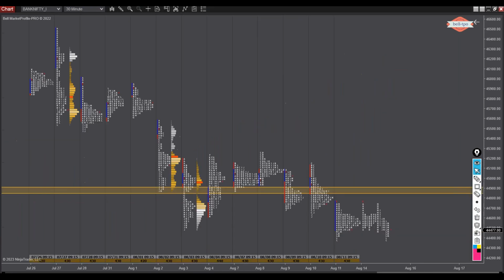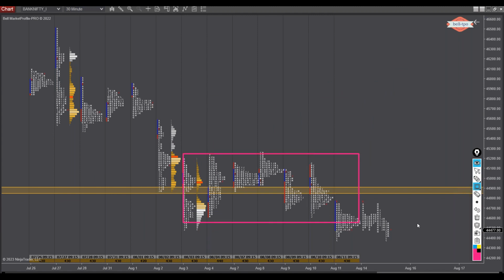On this 30-minute chart, when I look at it, I see, okay, there is a range, and this looks like an absorption of demand. But now the importance of one lower time frame, or in this case, there are three time frames. One is the discovery time frame, then there is the status quo time frame, and then there is the exhaustion time frame.